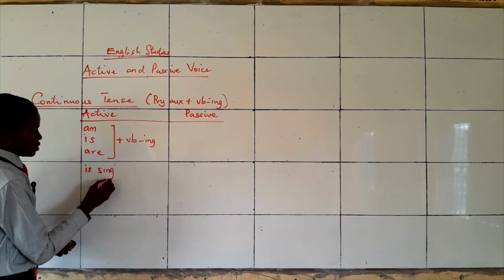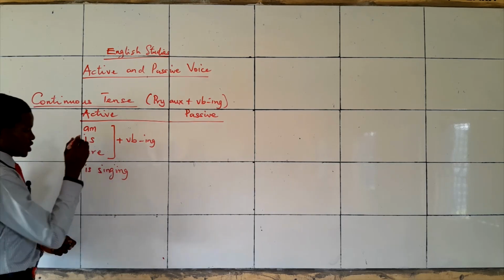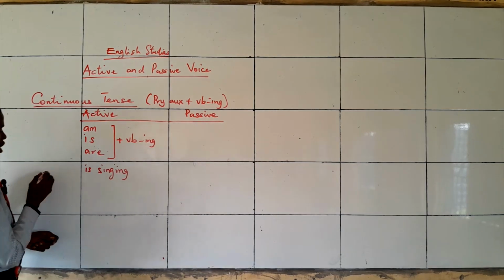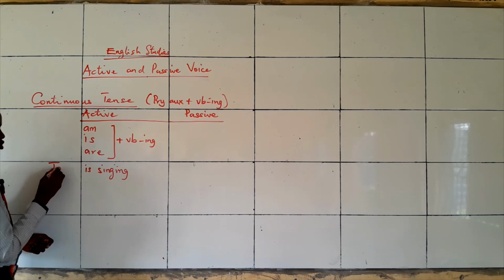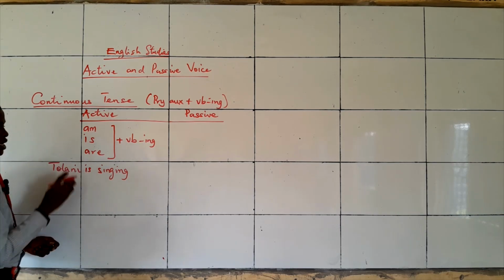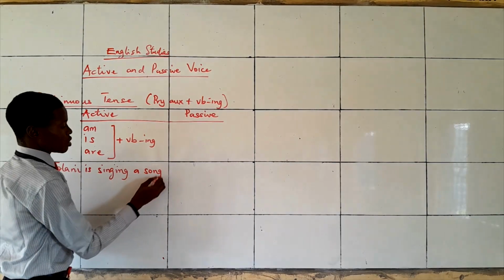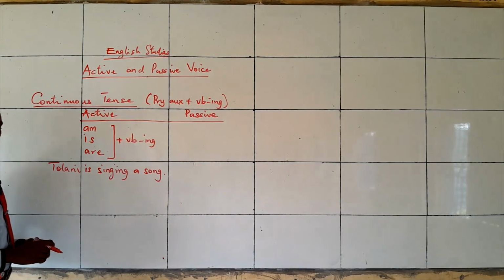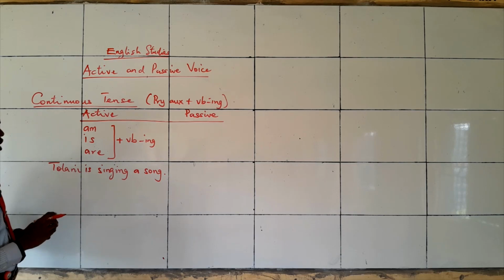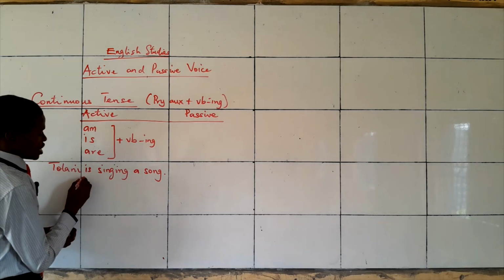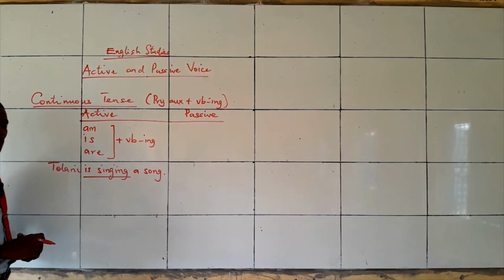Like we say, is singing. For instance, we say, Tolani is singing a song. We discovered that the final verb here is singing.